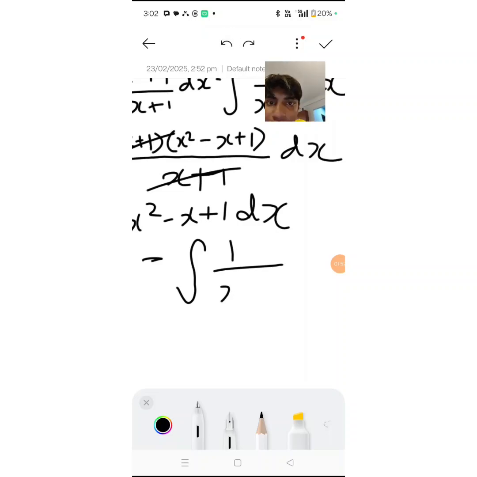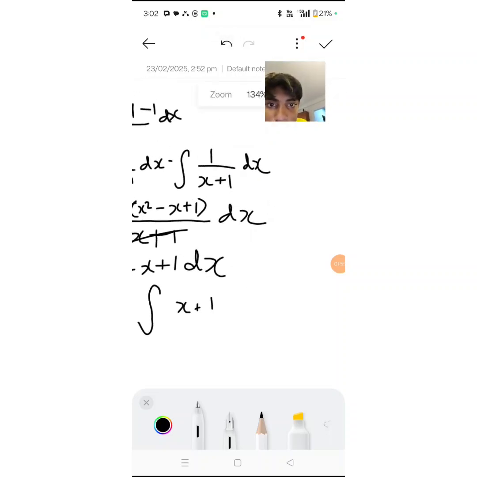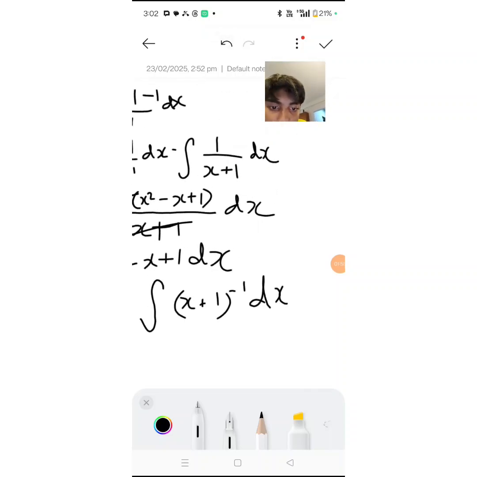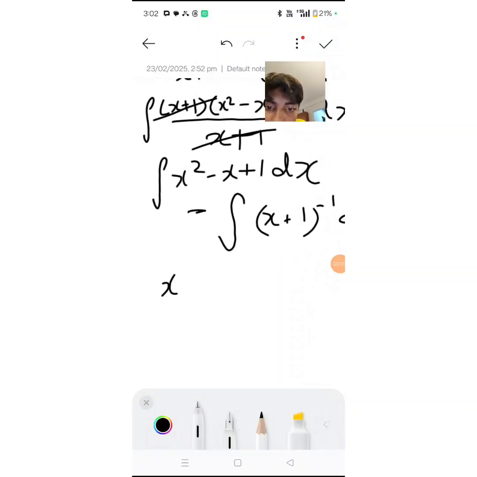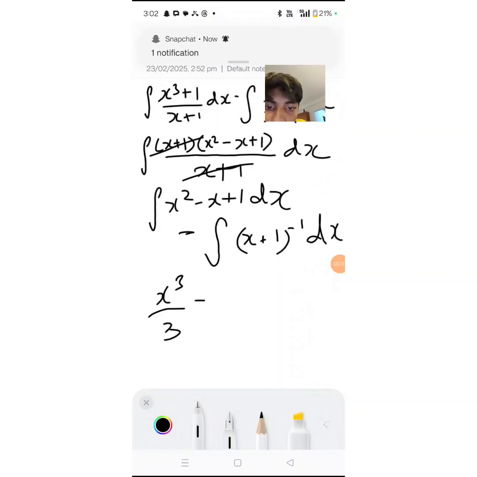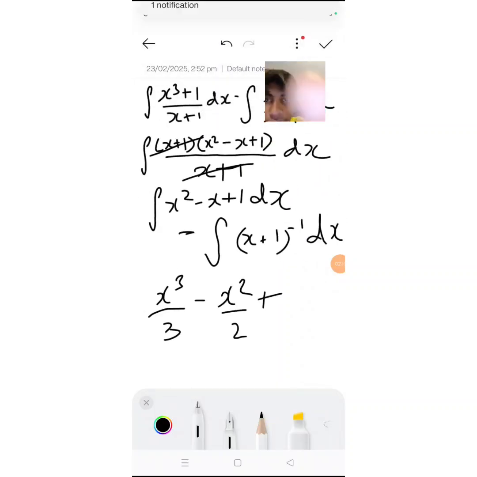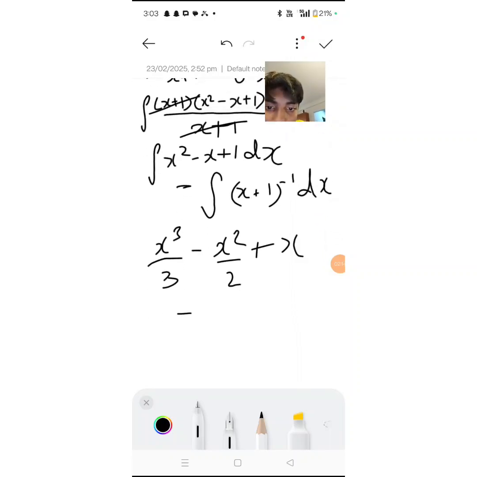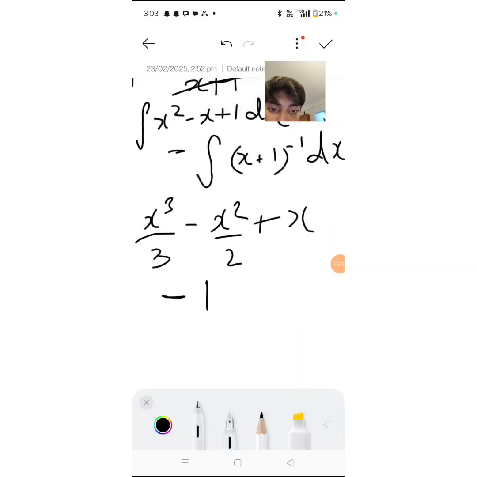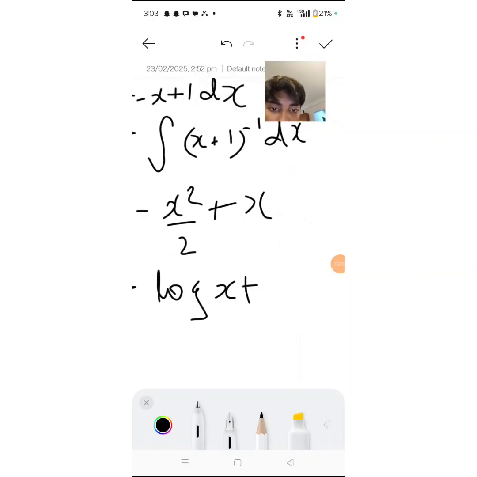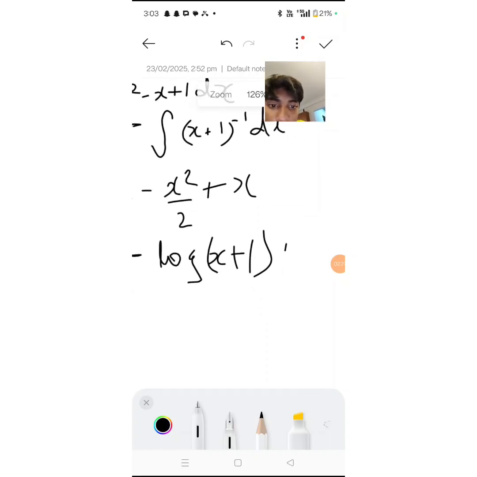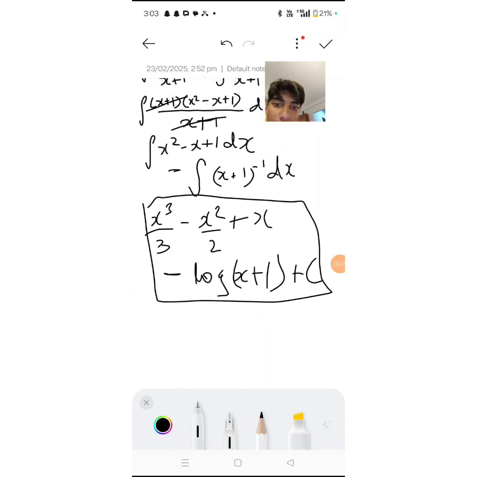Now this we can just rewrite as x plus 1 inverse dx, right? So this just becomes x cube by 3 minus x square divided by 2 plus x, minus log of x plus 1, plus the constant of integration. That's it. I think this would be our answer.